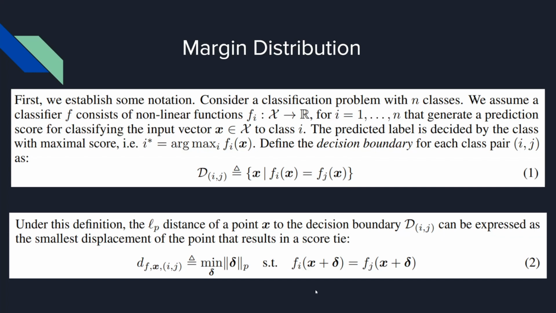Consequently, one way to get a distance of a point that's not on the decision boundary to the decision boundary is you define this decision boundary, and you compute the distance as the minimum displacement that results in a score tie of the function.